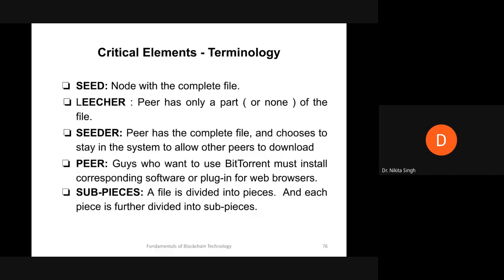Just to ensure that we are able to download any file faster, you can request up to 5 subpieces from any seeder. What we're saying here is that a file is divided into pieces, and the pieces are divided into subpieces, and each piece has 16 subpieces.